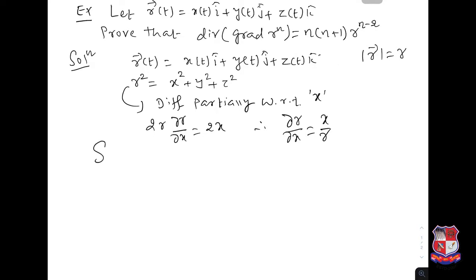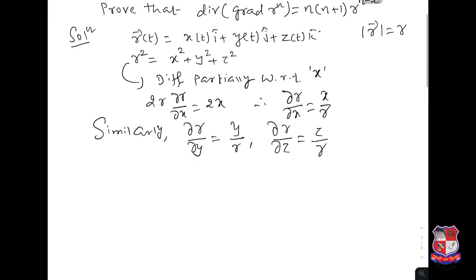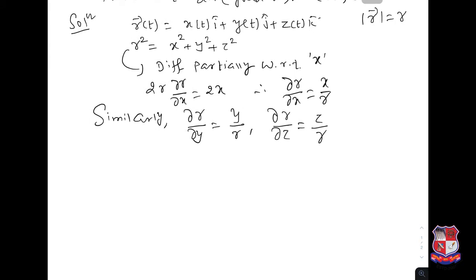Similarly, delta r by delta y is y by r, delta r by delta z is z by r. So keep in your mind that inside r, x, y and z variables are there.